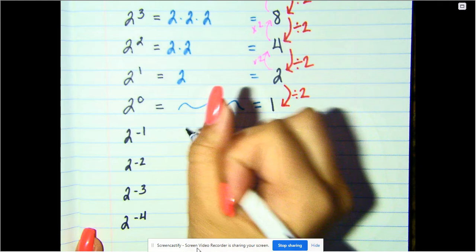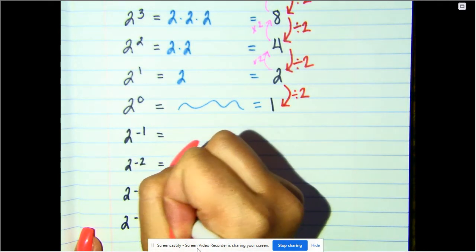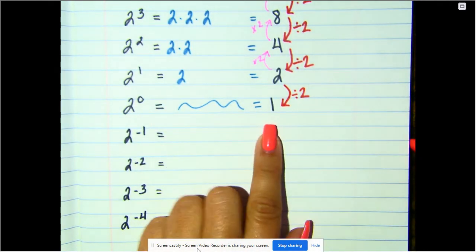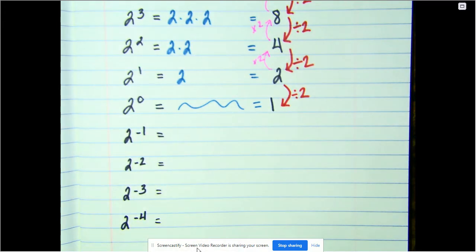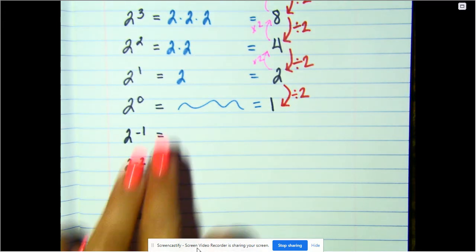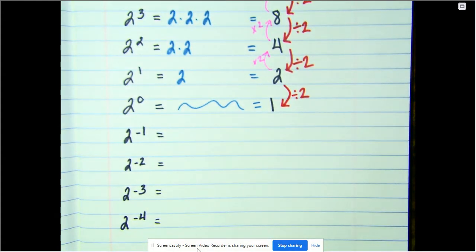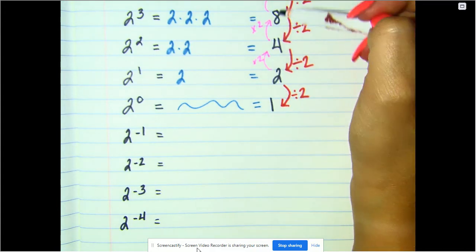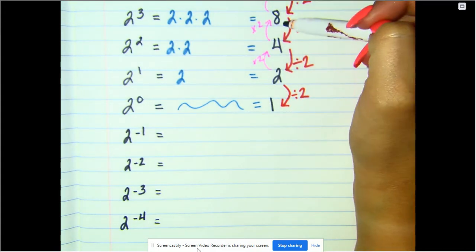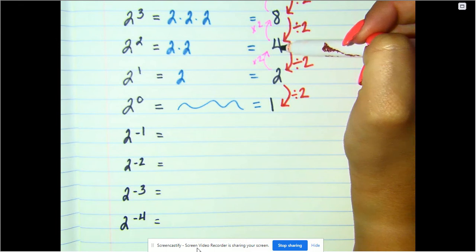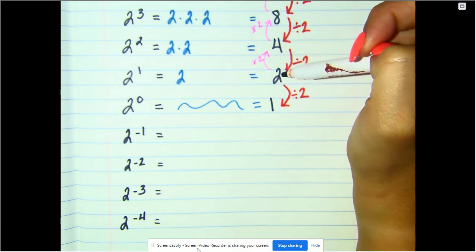Okay, so let's see if I can find a pattern. Before I start expanding, because you're like, I don't even know how to do 2 to the negative first power, like I was good here, Miss Sands, but when you started adding that negative, now I'm confused. So let's go back to the pattern. Hopefully you were confident in your 16 divided by 2 is 8, 8 divided by 2 is 4, 4 divided by 2 is 2, 2 divided by 2 is 1.